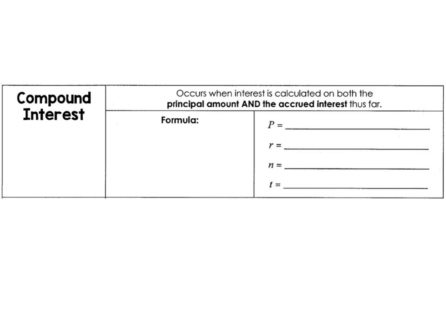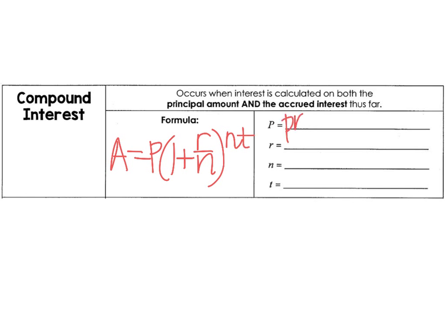All right, so the formula for compound interest is A equals P times 1 plus R over N to the N times T power, where P equals the principal or the initial amount.